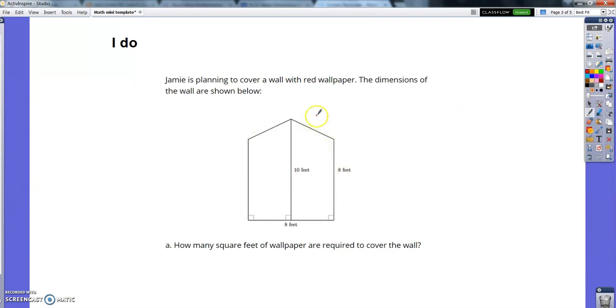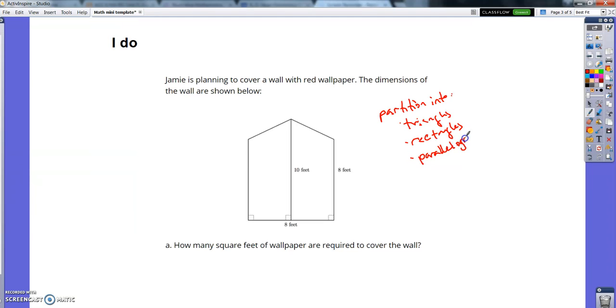To find the area of this, on a compound complex figure I want to partition it into things that I know how to find the area of easily: triangles, rectangles, and parallelograms.